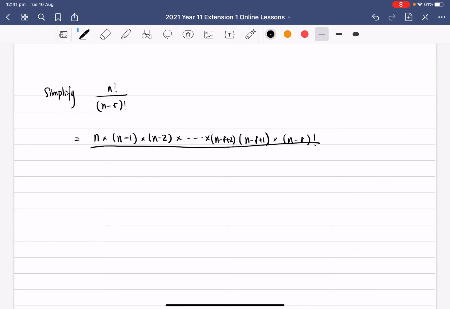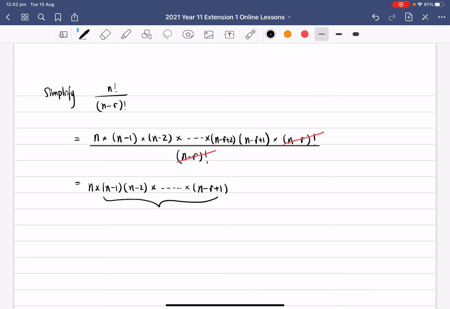And then the denominator is n minus r factorial, so that way we can cancel out the 2 factorials, and you end up with n times n minus 1, n minus 2, dot dot dot, until the last term, which is n minus r plus 1. In total we should have r factors, r number of factors.